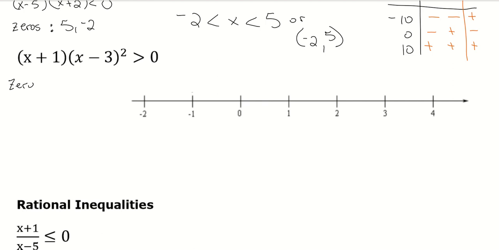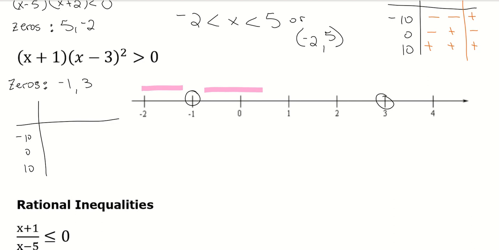My zeros will be at negative 1 and positive 3. So doing a quick check here, do my negative 10, 0, and 10 again, because I have a circle here at negative 1 and a circle at 3, so there are my 3 regions divided up.